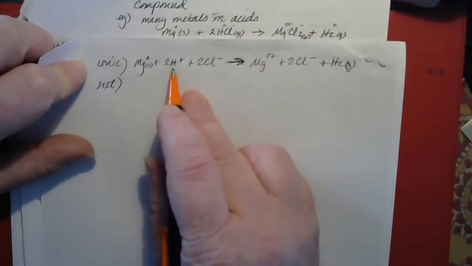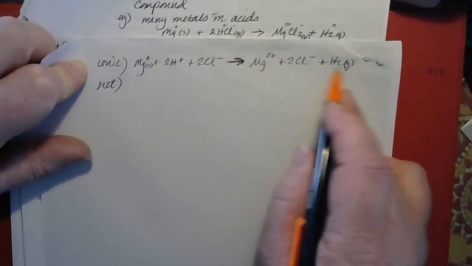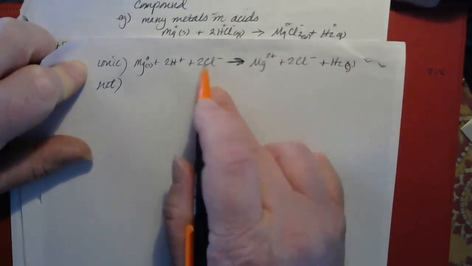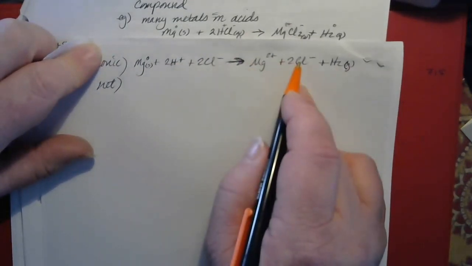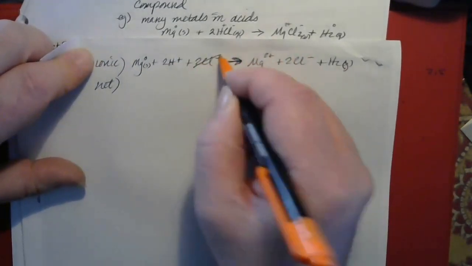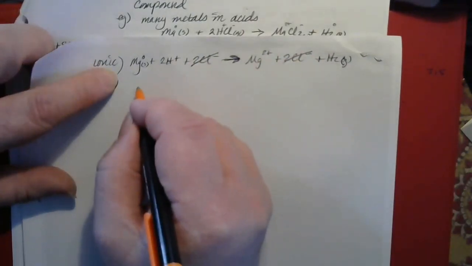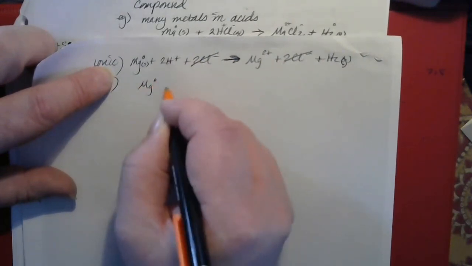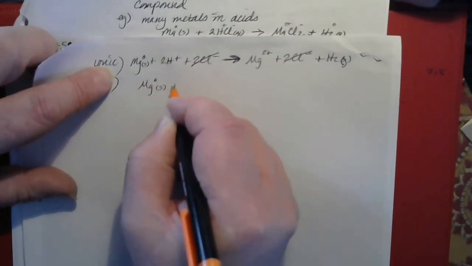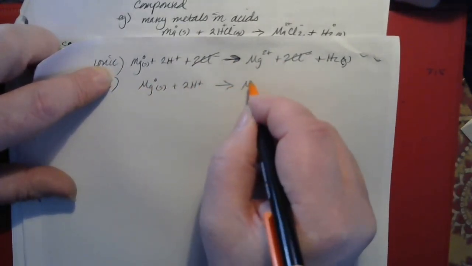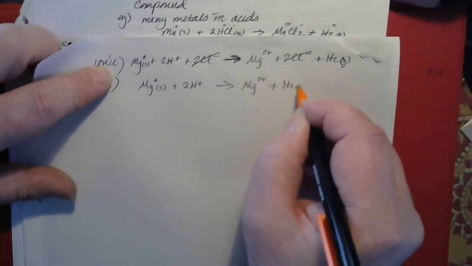The two H plus ions come out as an H2 molecule, so they have to stay, because that's a change. But you'll notice the two Cl minus ions come out as two Cl minus ions. That means they are actually spectator ions. And so our net ionic equation would be magnesium metal plus 2H plus will yield magnesium ions plus hydrogen gas.